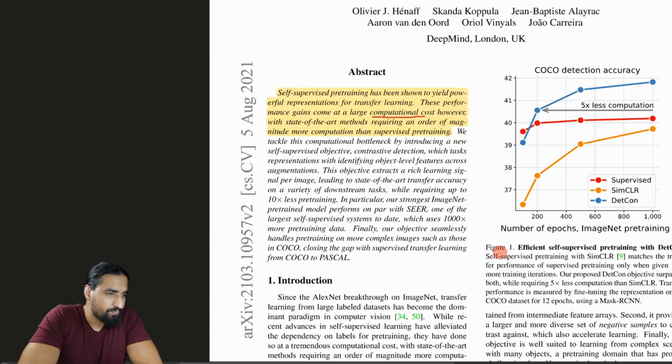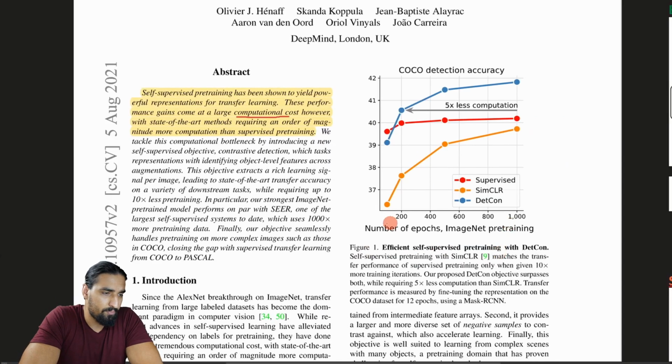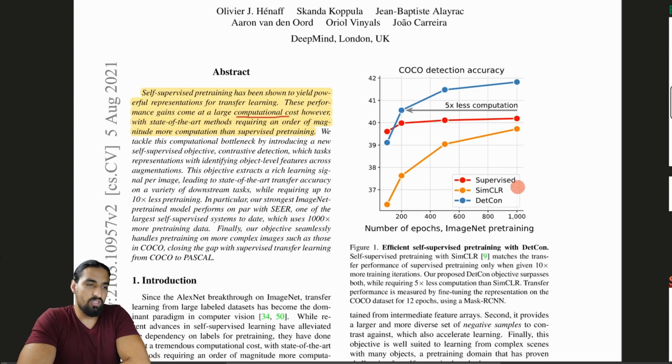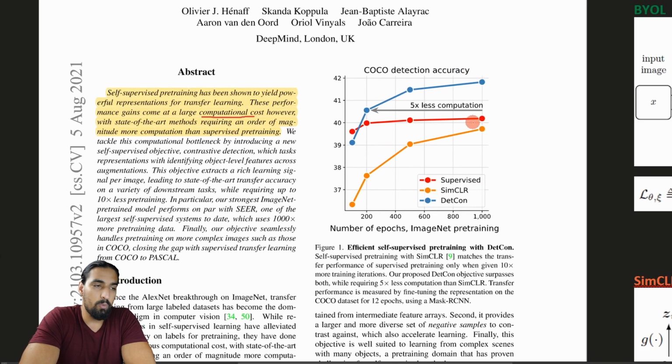Okay, so as you can see here, on the x-axis we have the number of epochs on ImageNet. So we're training these different methods on ImageNet, and then fine-tuning them on COCO and reporting the detection accuracy. You can see that using SimCLR, which is one of the older self-supervised learning methods, the performance is nowhere near as good as with a supervised method.